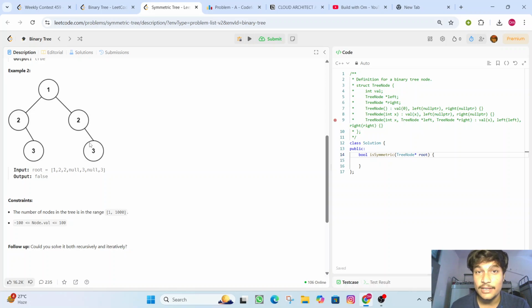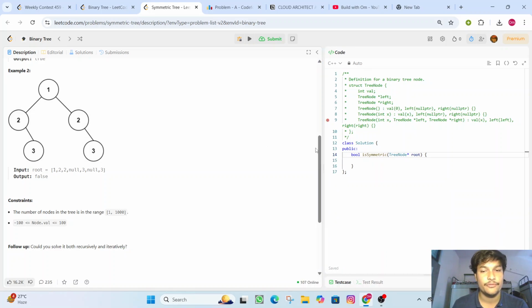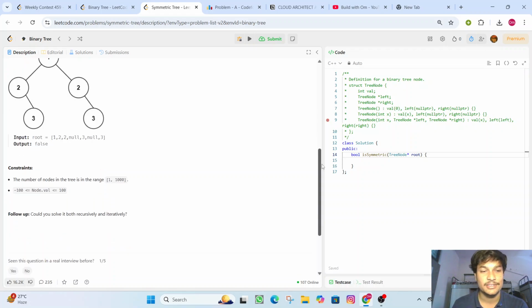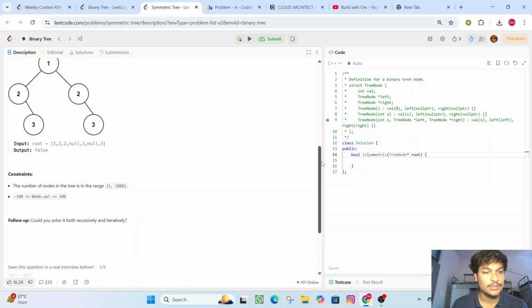So they are both at a right position, and this is the wrong case. If the 3 is at the left position in one and at the right position in the second, then we can say it is a mirror image of this part. But it is not possible that you stand with your left hand in front of the mirror and see your left hand also standing in the mirror. So this is the wrong case.